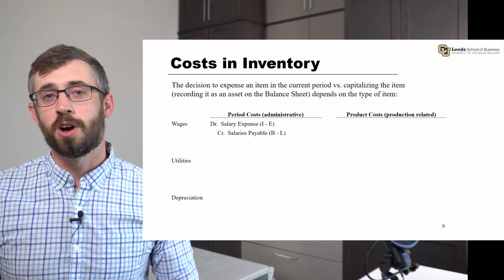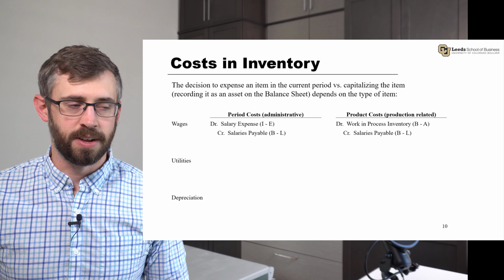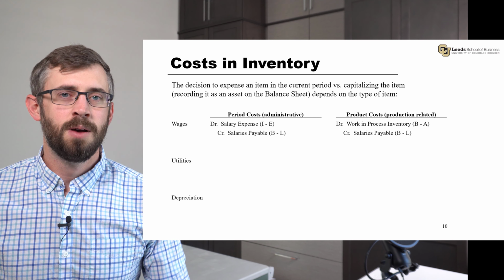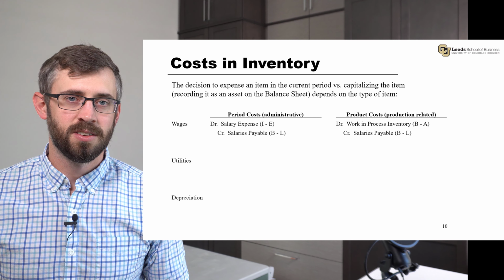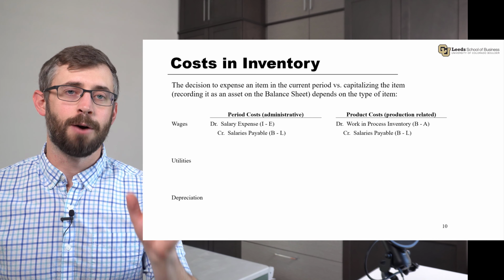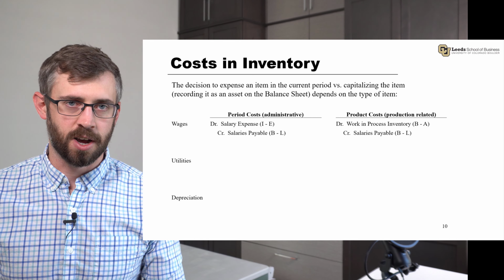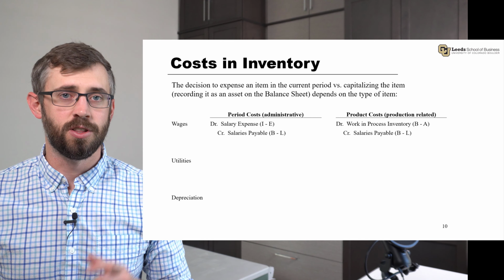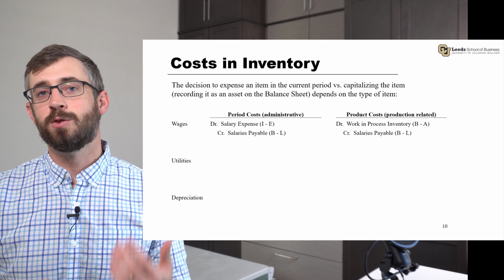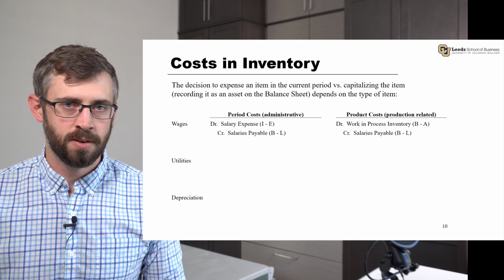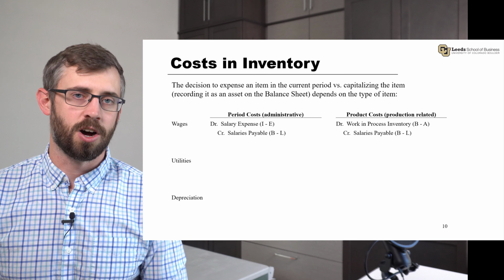Now, if these wages are related to the production of inventory, we're still going to credit our cash or credit our salaries payable. But instead of debiting an expense, we're actually going to debit our inventory asset. So we're going to capitalize these wage costs because they are related to the production of inventory. And these wage costs are not expensed until the inventory is sold and it turns into our cost of goods sold.